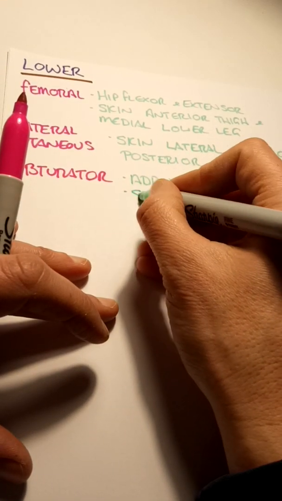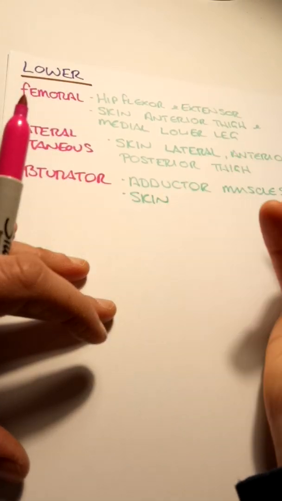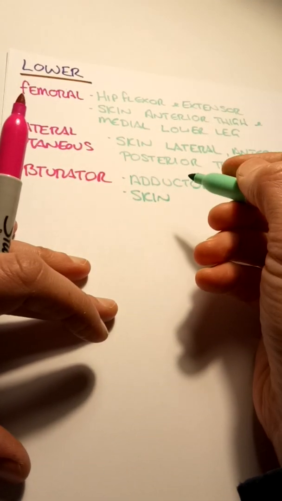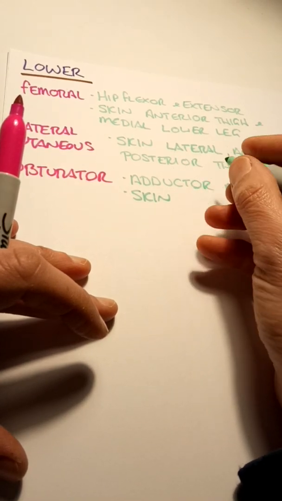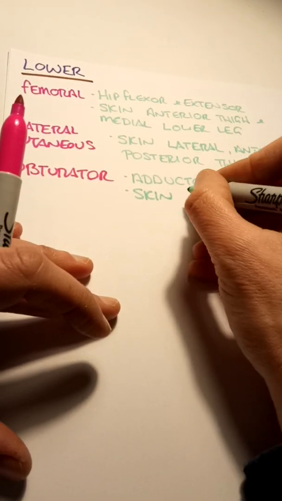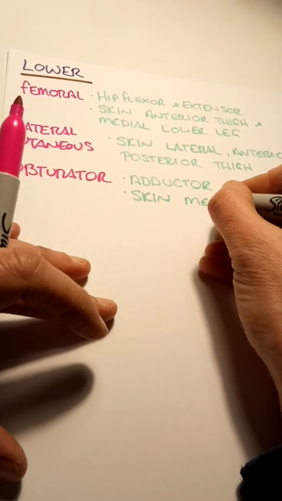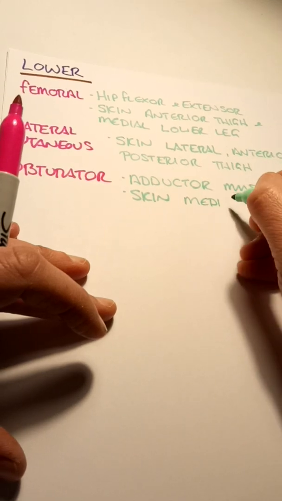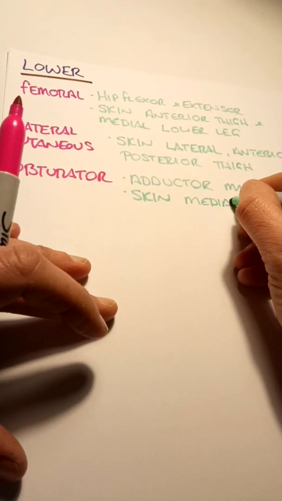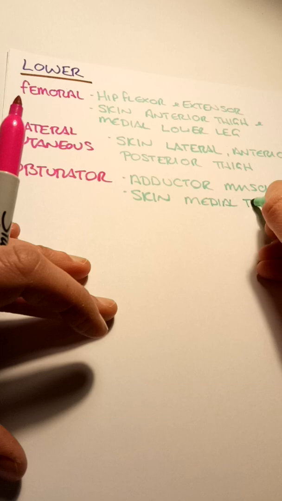And the skin. So where haven't we had skin? We haven't had skin over the medial aspects of the thigh. Actually, we have, but never mind. Skin over the medial aspect of the thigh. So where you get your chub rub.